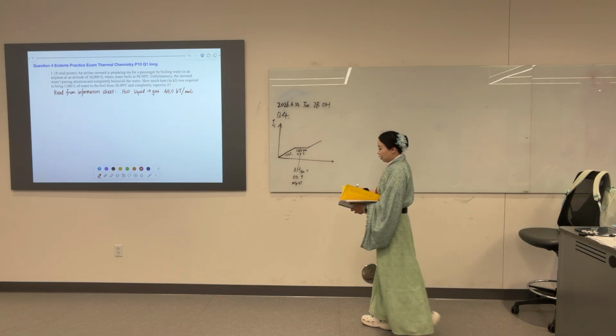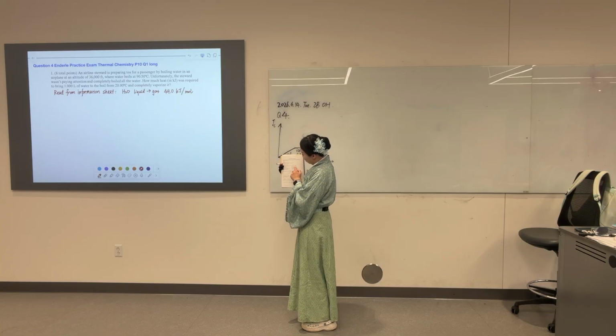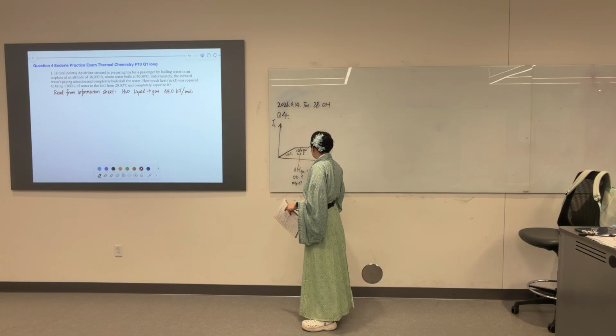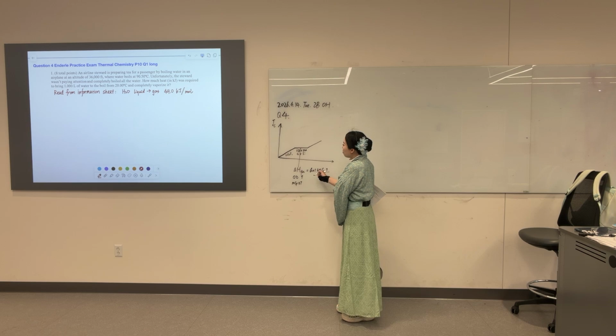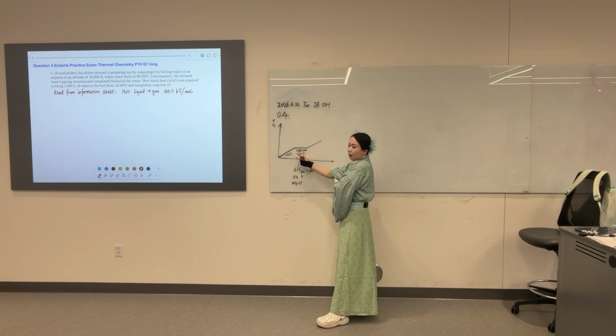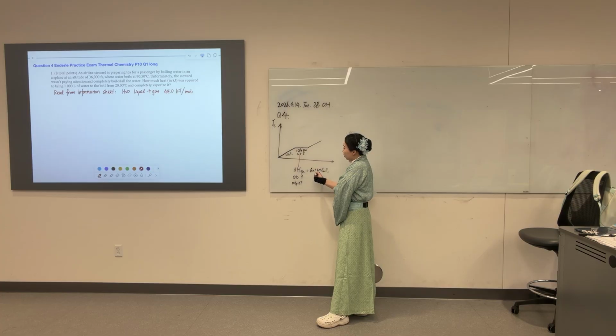This number will be provided to you. It's 6.01 kilojoules per mole. That's how much energy is transferred per mole of water, or ice, but pretty much the same, since we don't have a temperature change.